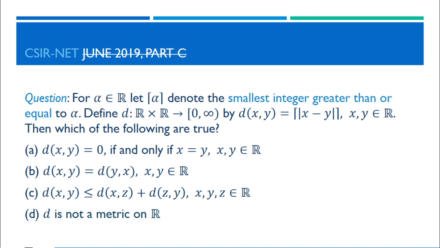When x is negative 0.2, what happens? Yes, that's true, Vivek. That's true, Karpagam. When x is minus 0.2, minus 0.2 minus 0.1 gives you minus 0.3, and the smallest integer greater than or equal to minus 0.3.